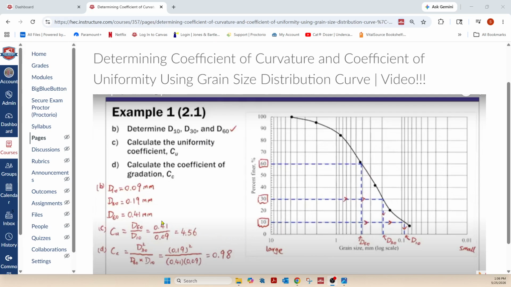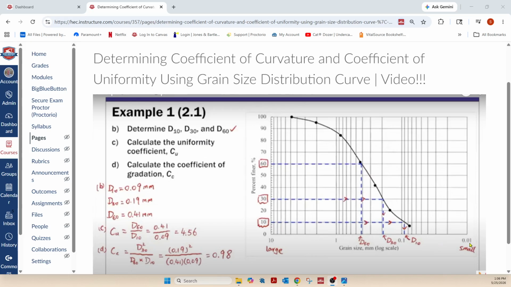Now notice some of these are 0.19 millimeters, and that is arrived at by interpolating. Here's 0.10, where, let me find it. This is 0.09.